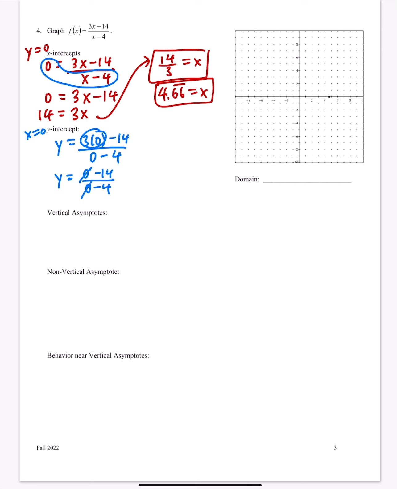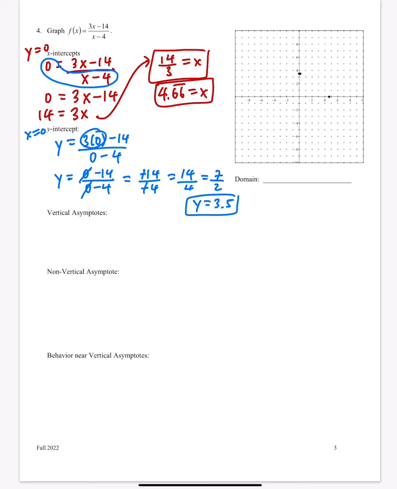The 0 term goes away, and so negative 14 over negative 4 is a positive 14 over 4. Since these two are divisible by 2, it is 7 over 2, which is just like saying 3.5. So there should be a y-intercept at 3.5, which is right about there.